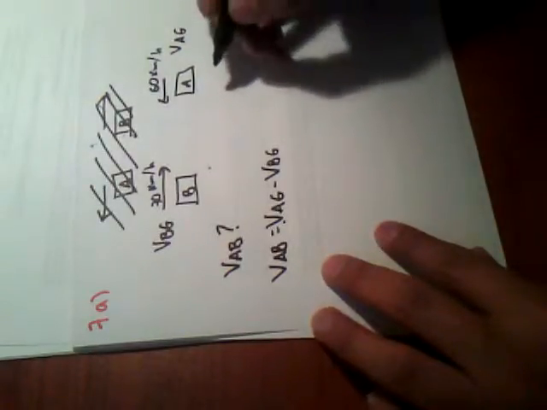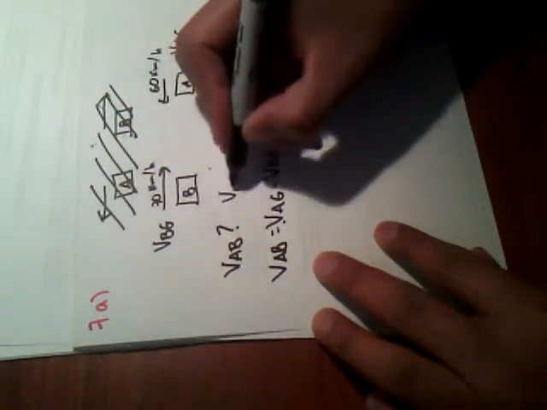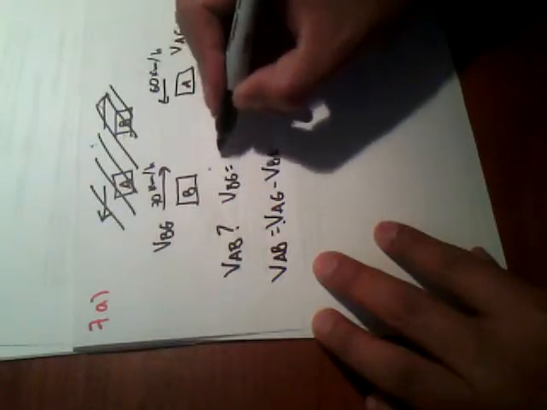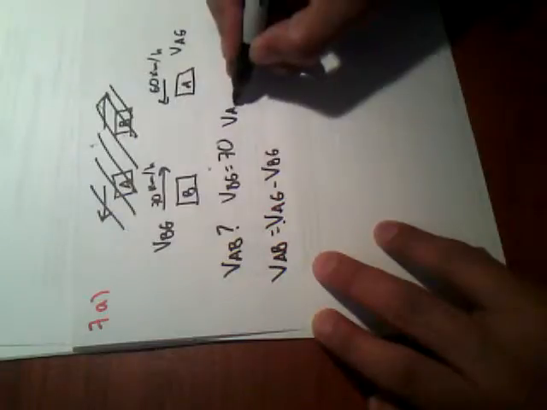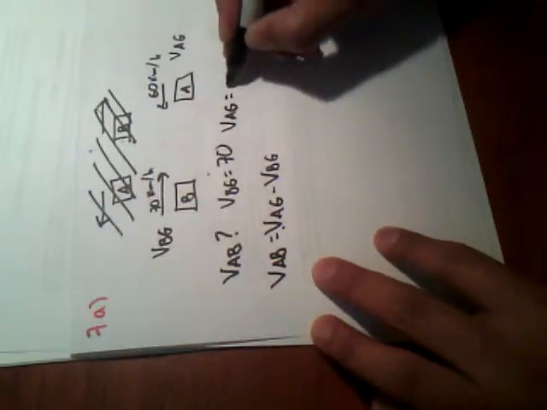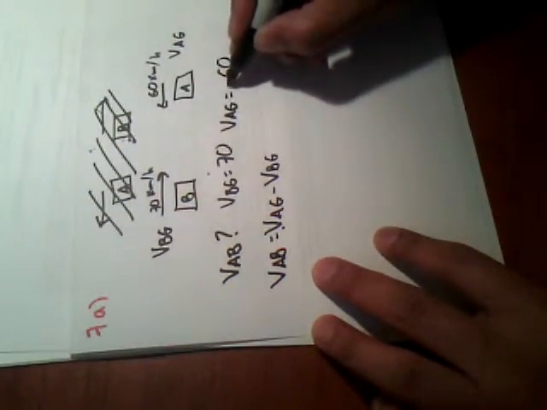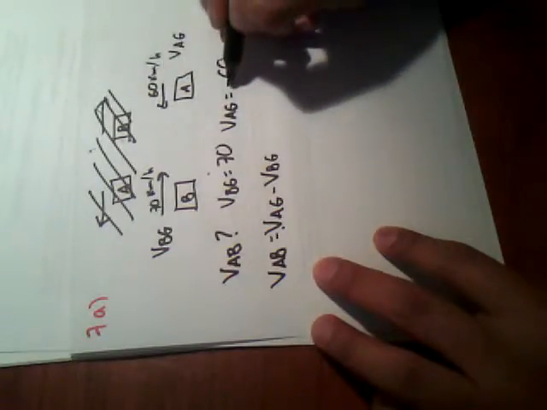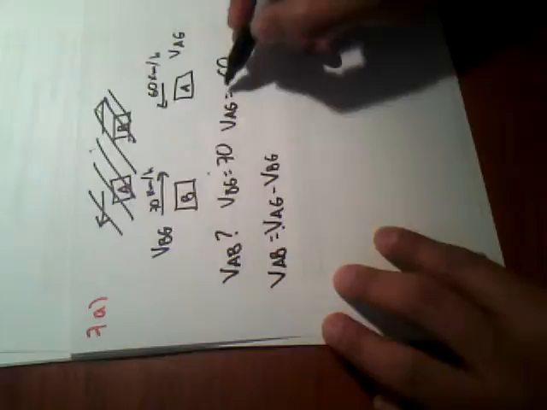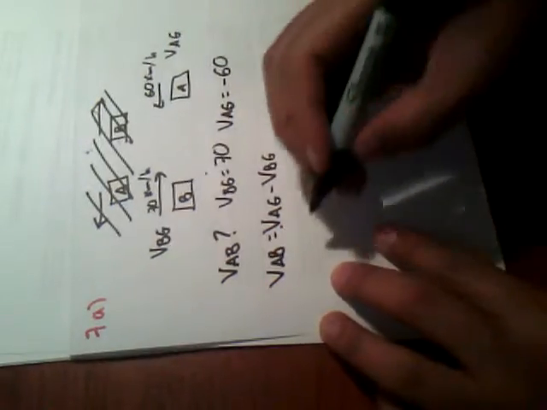Now, one thing to remember is, the velocity of B relative to the ground is 70, and the velocity of train A relative to the ground is minus 60. The minus means that train A is moving to the left, so we should include that in the value that we're going to put in the equation.